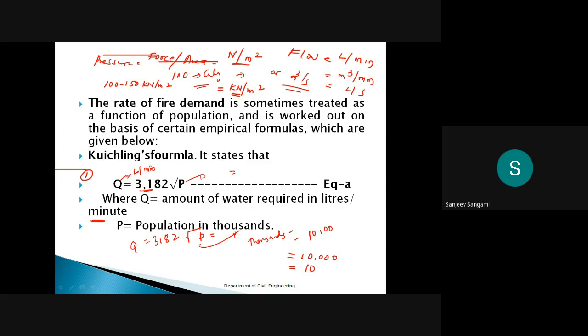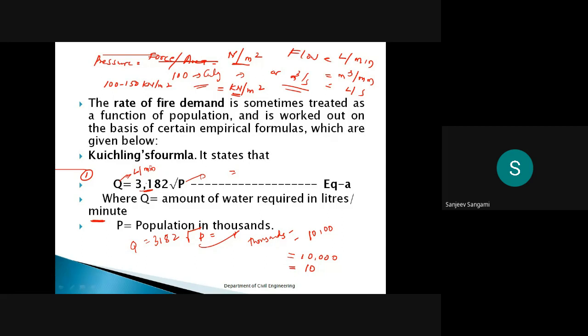In place of Q, if you write liters per second, it is wrong, because these are empirical formulas. Whatever they have said while giving the formulas, you have to strictly follow. They conducted a continuous study by taking some samples, and they arrived at this constant, 3182.